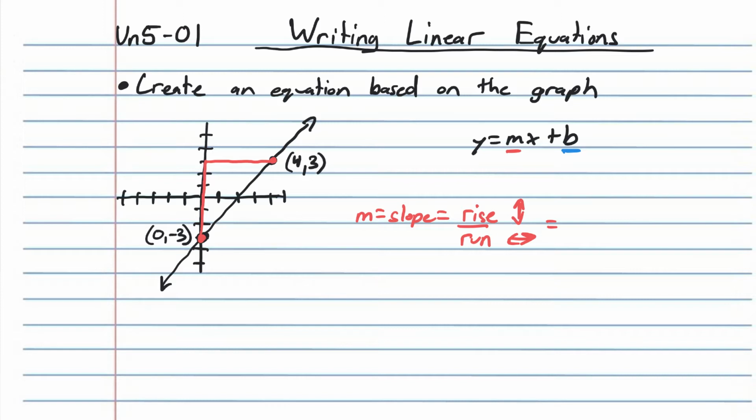If you go this way, we're counting spaces: up 1, 2, 3, 4, 5, 6. So I'm going up 6 spots. Up is a positive direction. And then I'm going right 1, 2, 3, 4. Right is also a positive direction. If you're counting down or left, those are negative directions.